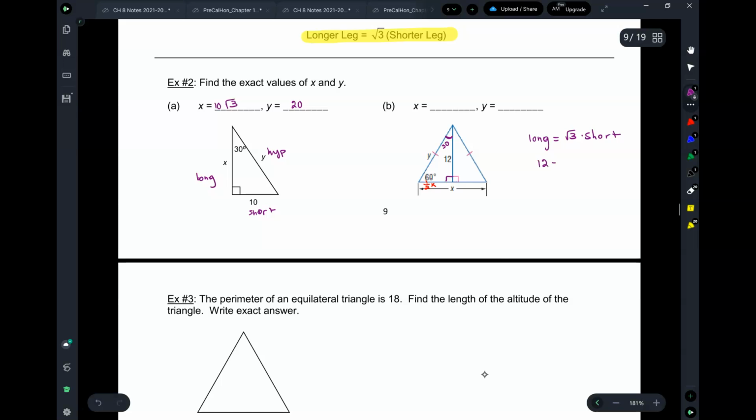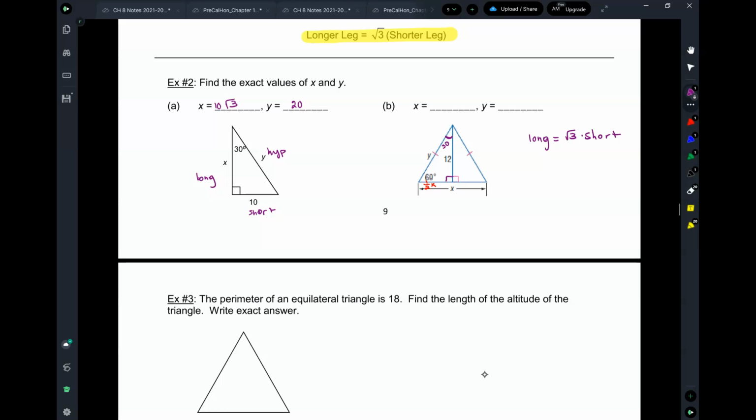So 12 is root 3 times the short leg. So how much is the short leg? Right, but in this case, divide by root 3, 12 over root 3. Does that make sense? Or no? Well, it makes sense, but that's not possible. Oh, no, it's fine. We're going to get rid of the root.